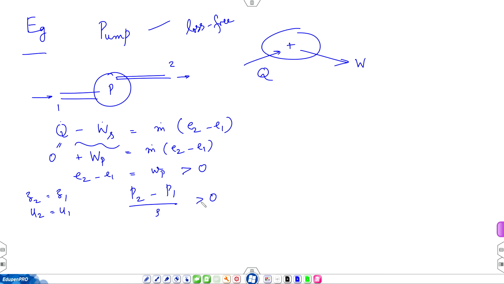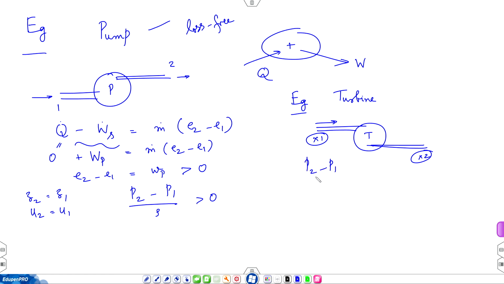So, if you do the same analysis for a turbine, this is point 1, point 2, this is the flow direction. You will get E 2 minus E 1, which is P 2 minus P 1 over rho, will be equal to minus W t, less than 0.